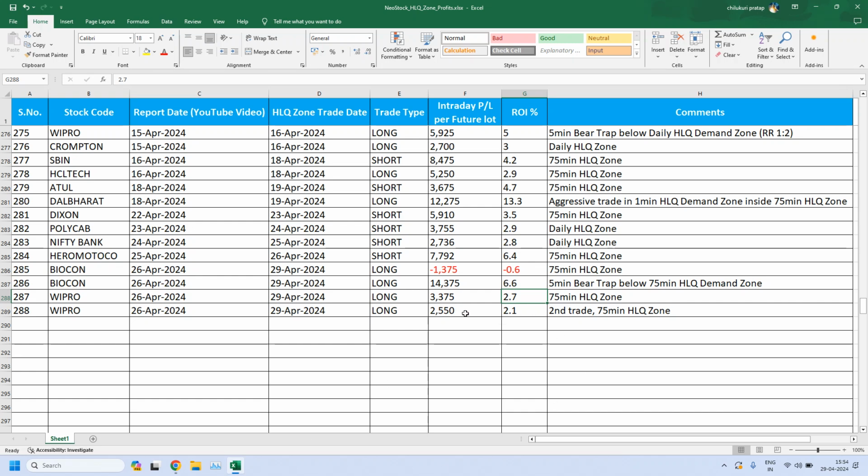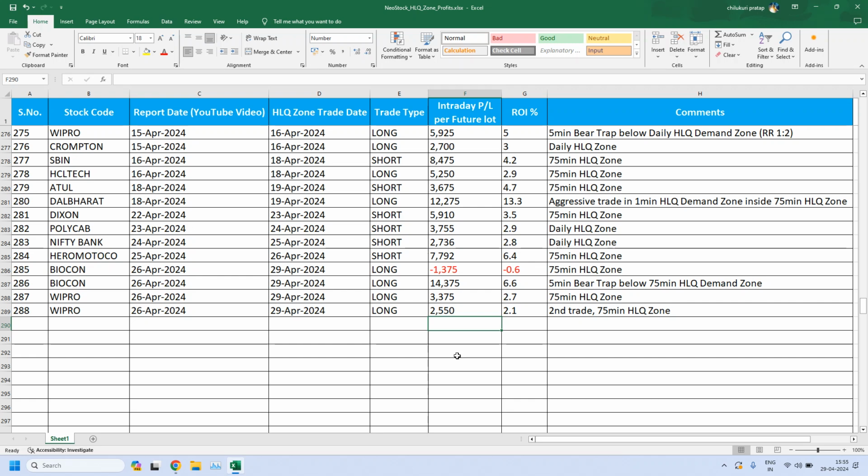The second trade has given 2,550 rupees, which is a 2.1% ROI. If you combine both, you will get a 4.8% ROI, and combining the profit, you get 5,925 rupees from both these trades.